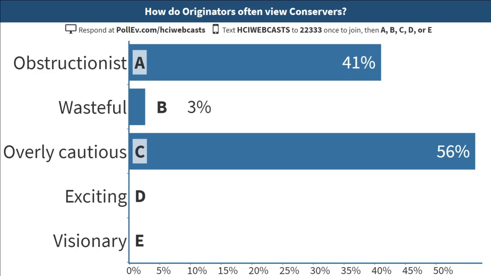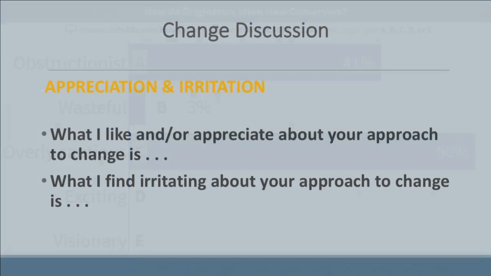And exciting and visionary can actually be terms that make a lot of conservers nervous, because exciting, I would like for there to be a little less excitement here, and what we need is more caution and careful movement forward. Vision is generally not something that the conservers step into. That's great. Good job. We'll go back to the slides. And so you've totally got the idea.